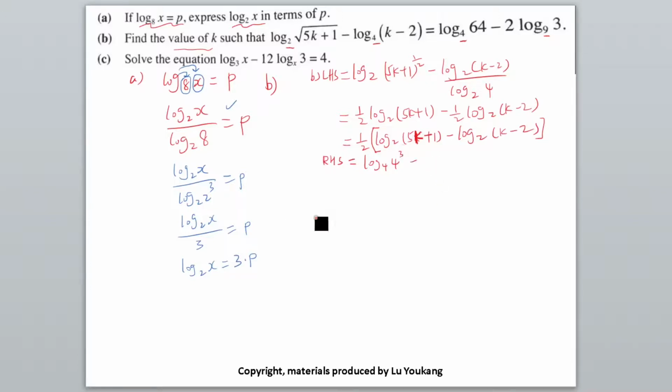So therefore, I get log base 9 of 9. And therefore, I get 3 minus 1. For my right hand side, I get 2 at the end. So my right hand side should be equal to my left hand side, right? So let me copy down my left hand side and equate it to my right hand side first.